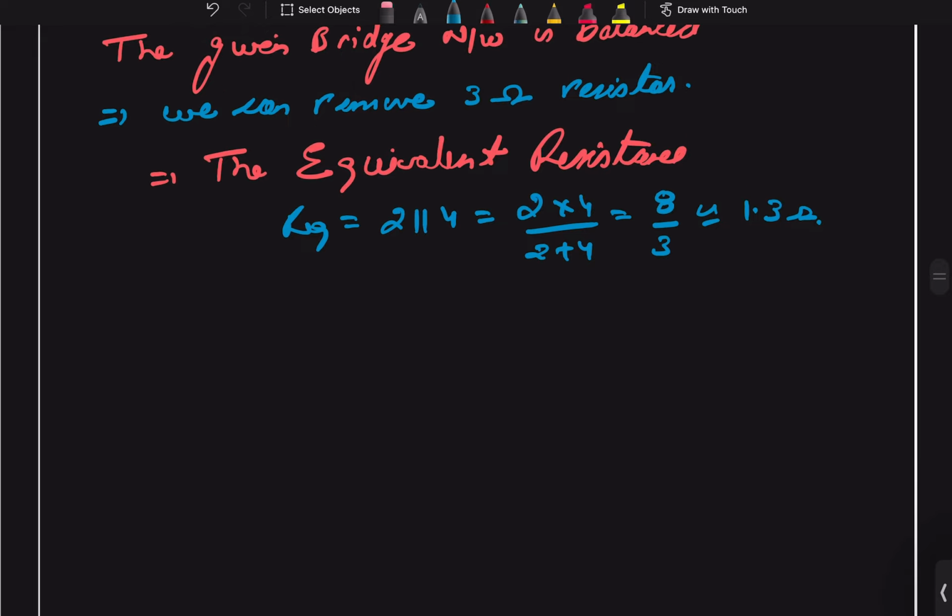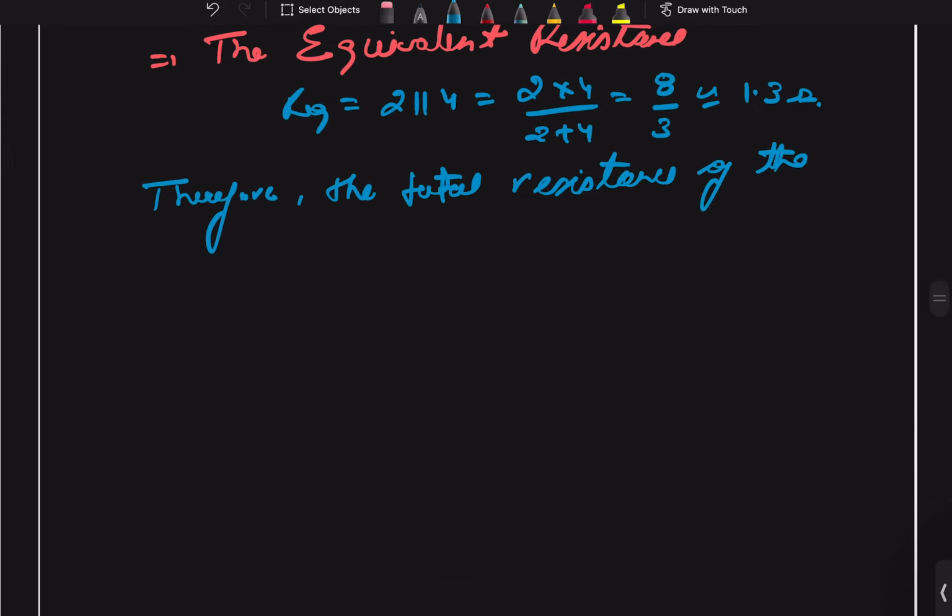Therefore, the total resistance of the entire network, denoted as RT, will be equal to loop resistance plus equivalent resistance.